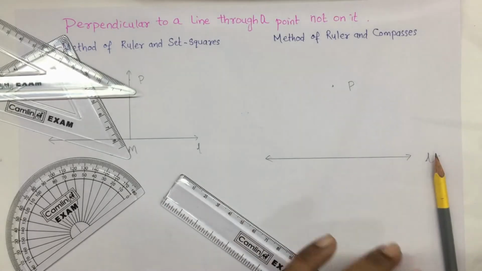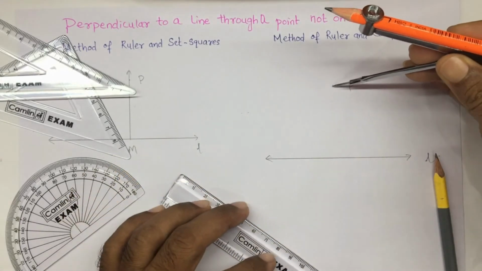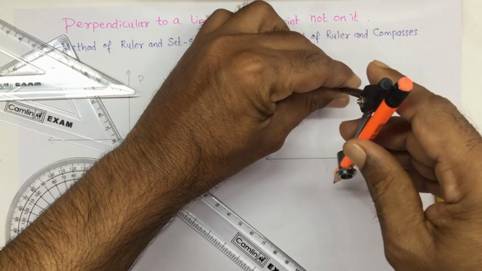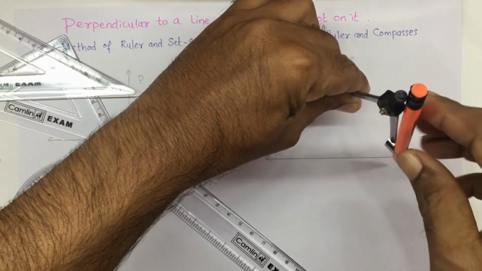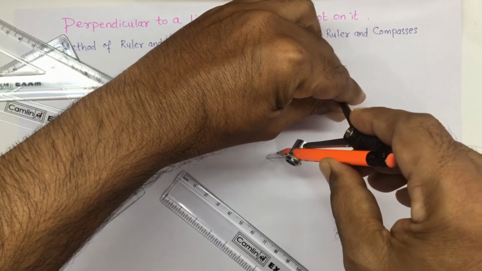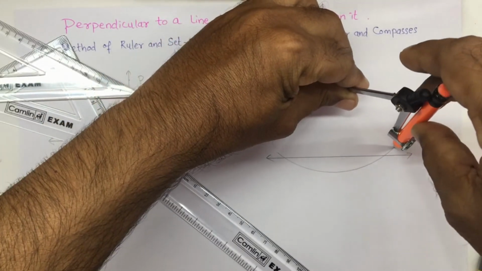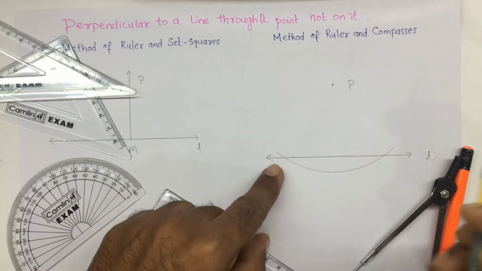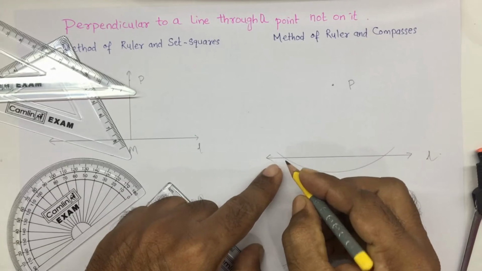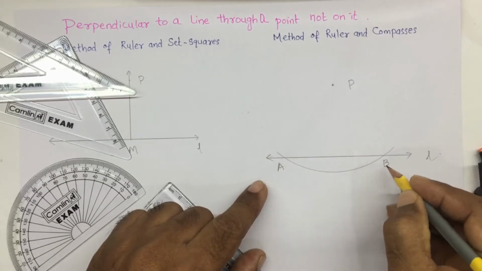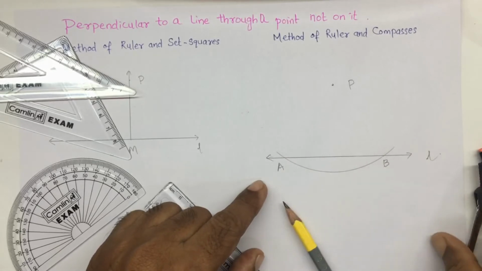For this, you need to take P as a center and draw an arc so that the line is cut by this arc. The line is intersected at two different points. Let us assume the first point is A and the second point is B.